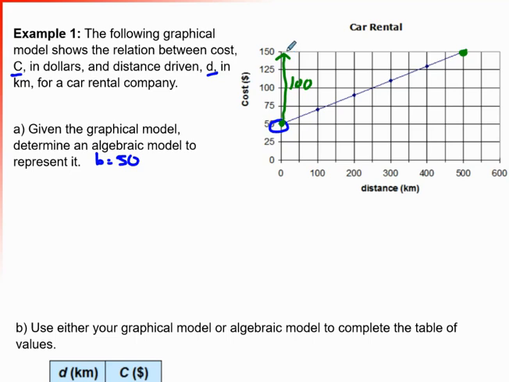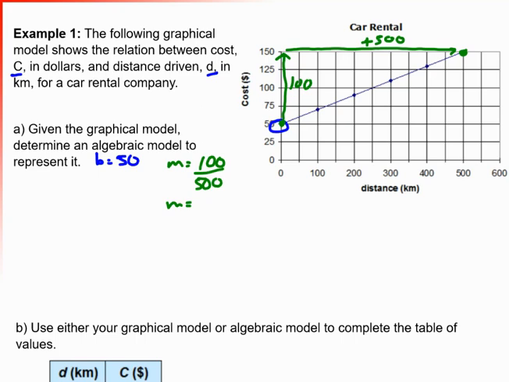Now we're going this way from 0 to 500. So our rise is 100, our run is 500. Our slope is a rise of 100, and it should be positive, right? It is a positive slope, and a run of 500.